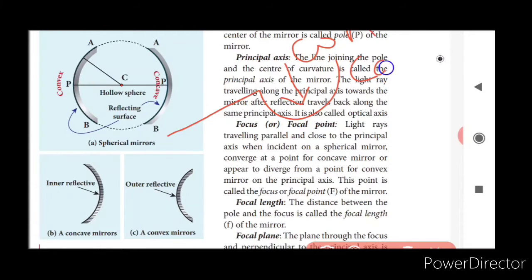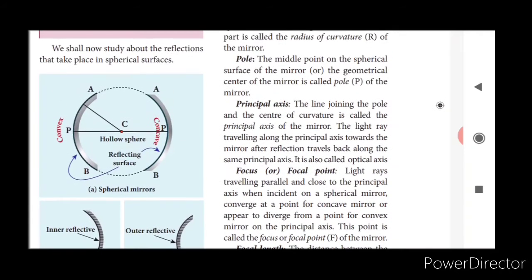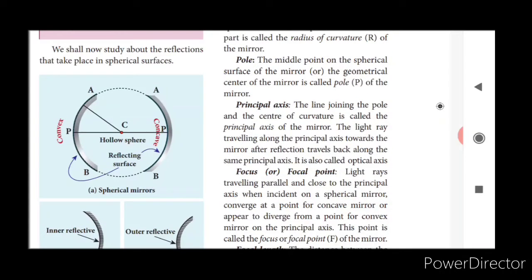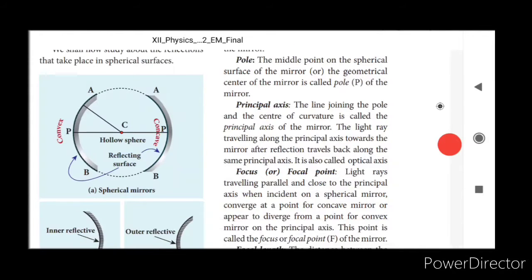The outer reflecting surface is called convex. We have to understand all those things, what is meant by pole and what is meant by radius of curvature. Listen first.